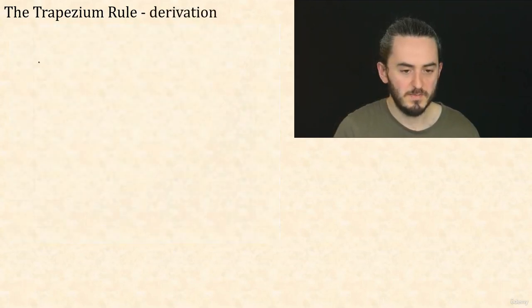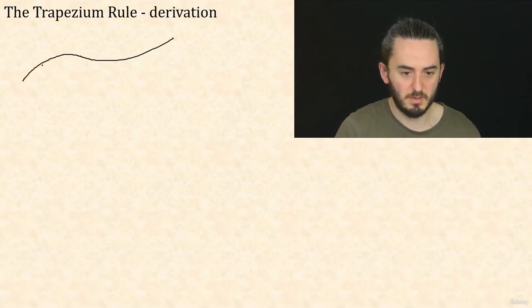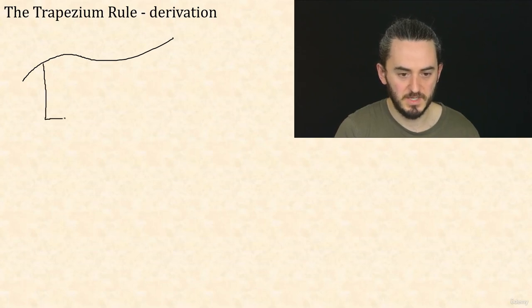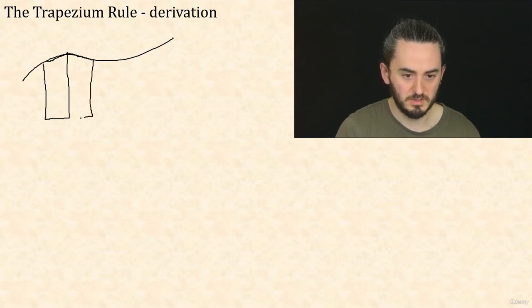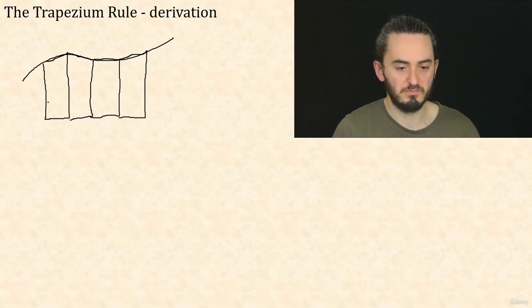All right, so I'm going to imagine a function, just a general function like this, that I've chopped up into loads of trapeziums. So here is trapezium number 1, and here is trapezium number 2, and here is trapezium number 3, and so on. And I'm going to write down how I'd work out the area of each of these.